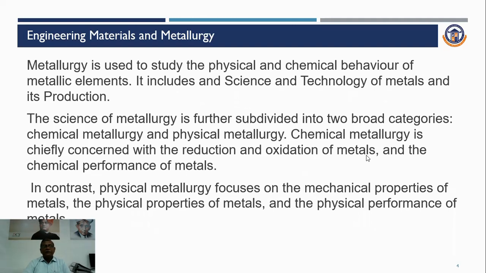So here we focus more on physical metallurgy rather than chemical metallurgy, because as far as mechanical engineering is concerned, mechanical and physical properties are important. Mechanical properties are the most important thing we are going to study.